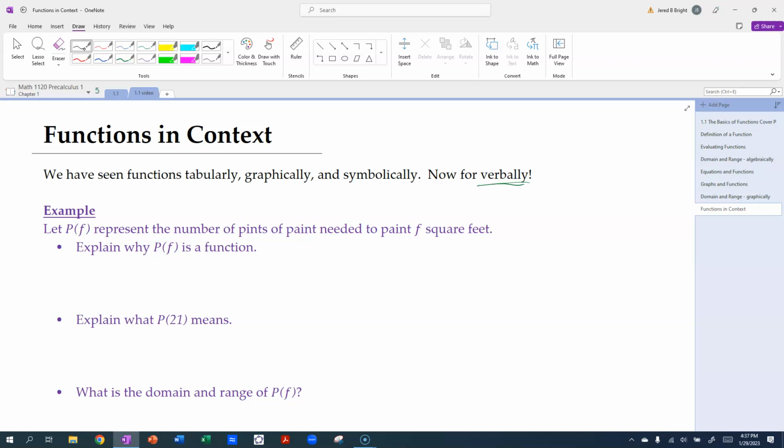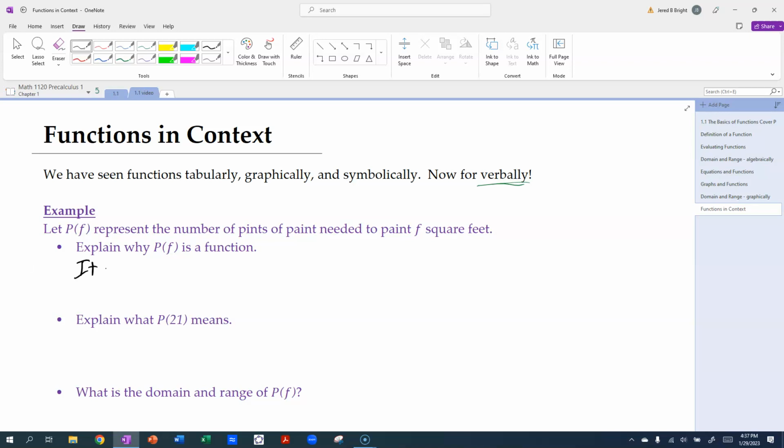So why is P of F a function? Go back to the definition: for every domain element, there is one range element. For any given number of square feet, there's a single number of pints needed for that.